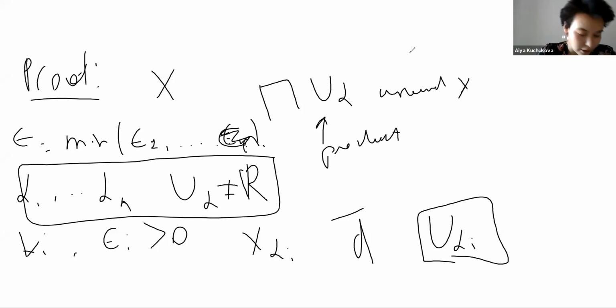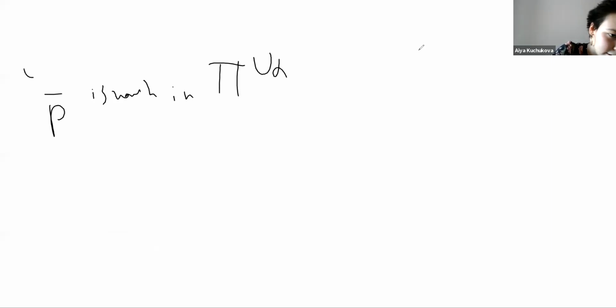Great. What do we have after that? The epsilon-centered ball induced by the d-bar metric is contained in this basis element.